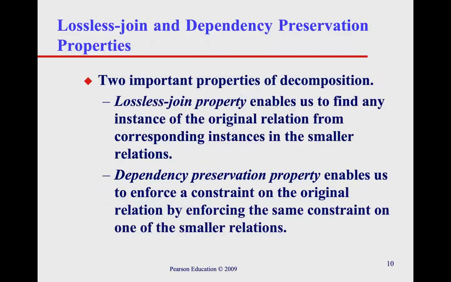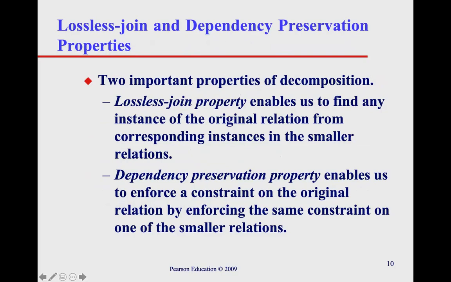So when we do normalization, we're trying to accomplish two things. We're going to try to ensure that when we decompose a relation into two or more relations, you can combine those relations back to the original relation and not lose information.